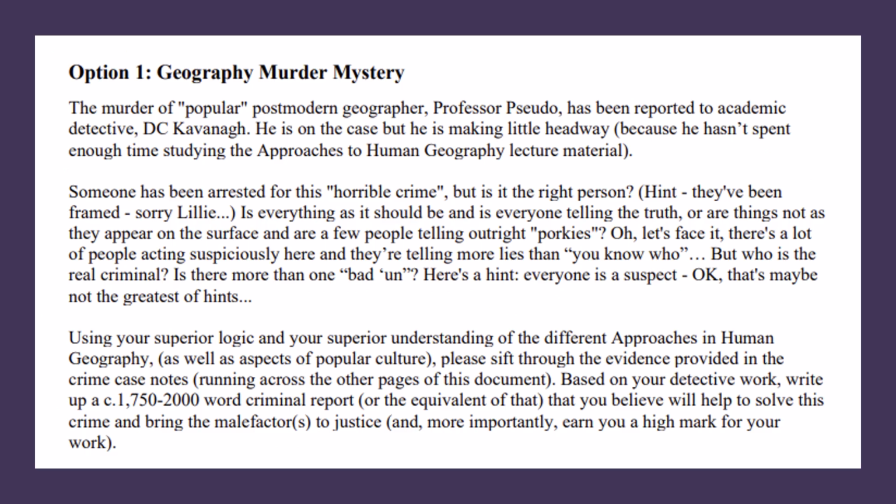So the first option is the geography murder mystery option. You're given criminal case notes and there's a number of suspect geographers. Each of your main suspects for this crime will be linked to a different approach. So there's a humanistic geographer, a regional geographer, an environmental determinist, a spatial scientist, a postmodern geographer, a Marxist geographer, a feminist geographer.